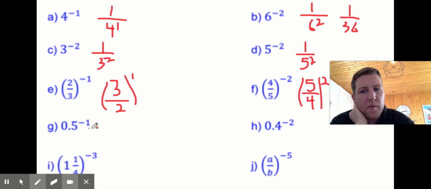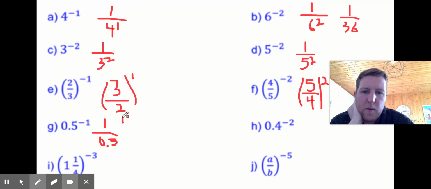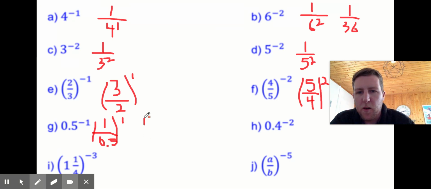This one is a decimal. We could write 1 over 0.5, but we typically don't like to have fractions and decimals mixed together. And then to the power of positive 1. Sorry about that bracket. But I would prefer if you wrote 1 over 2, because 0.5 is the same as 1 over 2.